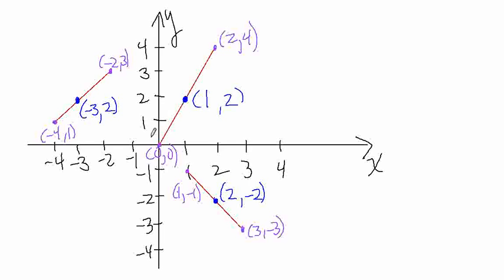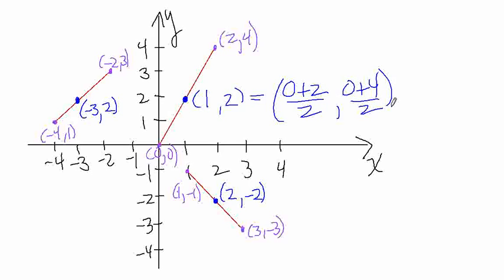Now, I want you to notice something. Another way you could have described how to calculate the coordinates of the midpoint is by averages. Okay, so for example, for the very first line segment that we did, what if we explained it this way? Let's average the x values and let's average the y values.